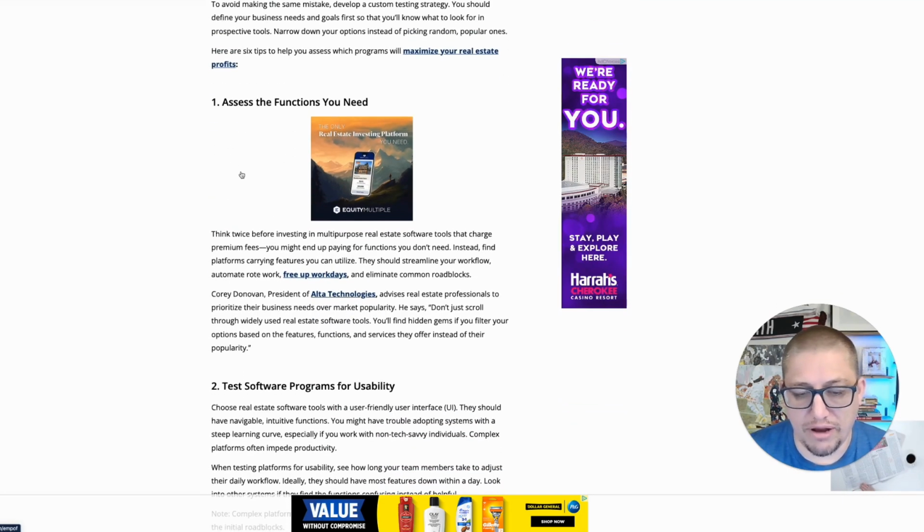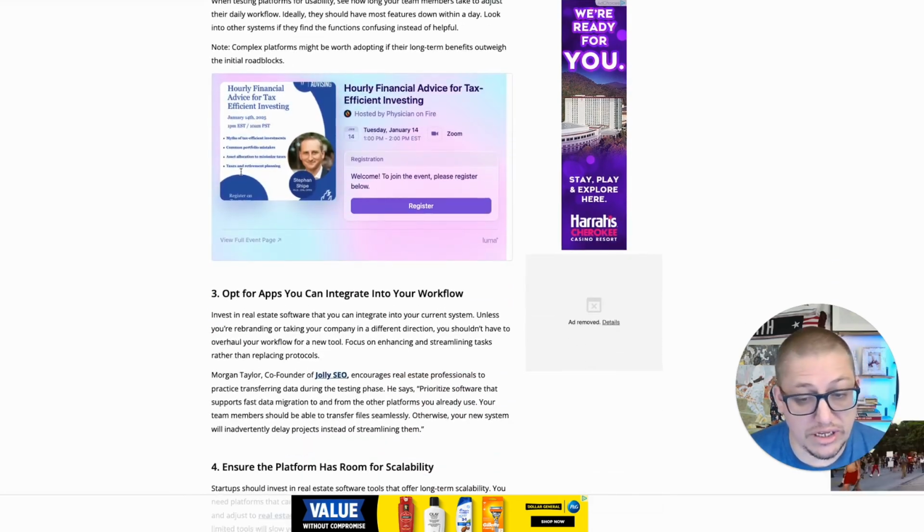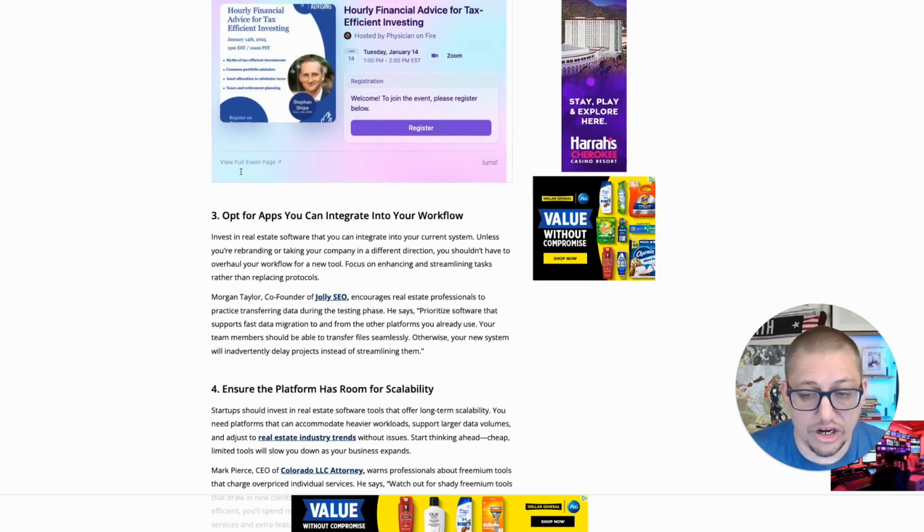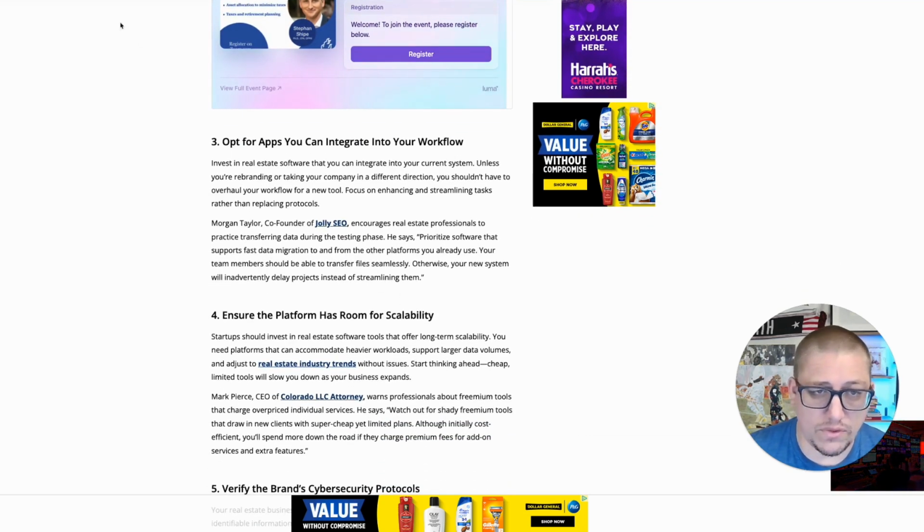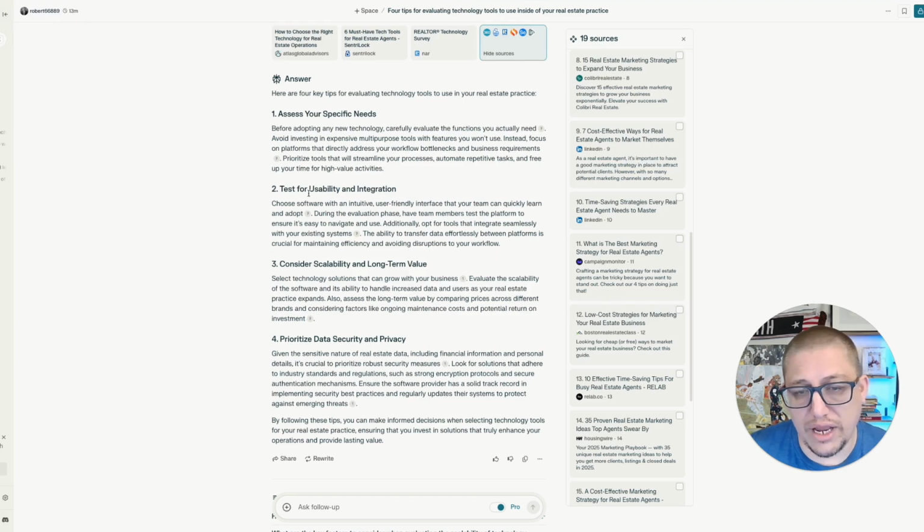Everything from talking about functions to usability to what you can integrate into your processes, which is another way of saying workflow. So it's a great article, which you can find a link to in the description below, to give you some guidance as to what you can do to answer that first tip, to assess your specific needs.